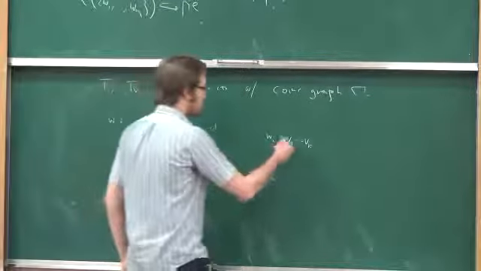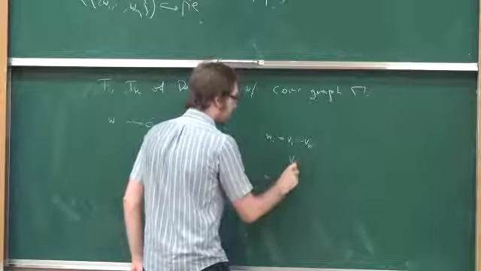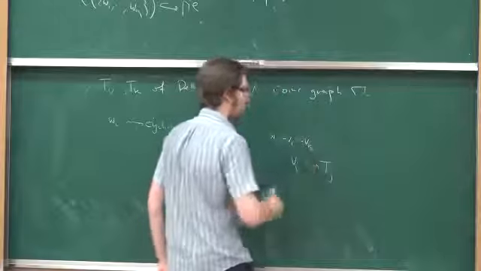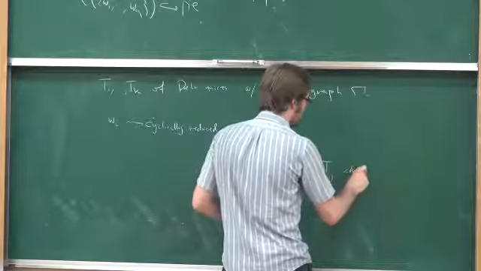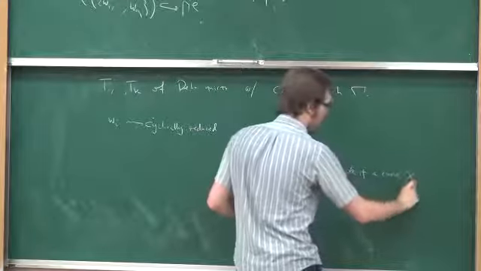But each vertex Vj corresponds to some Dehn twist Tj about a curve gamma j.